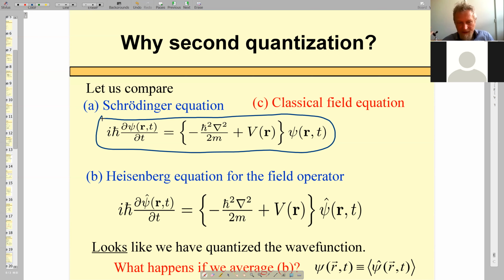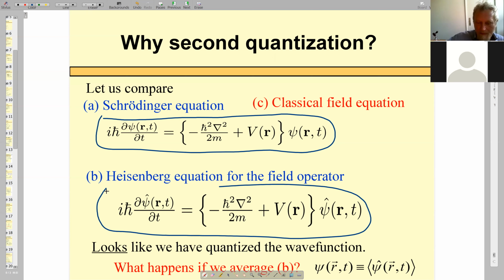And the Heisenberg equation for the field operator would be equivalent to the Schrödinger equation. And it looks like we have quantized the wave function. It looks like we have replaced the wave function by an operator. Nothing of the kind.